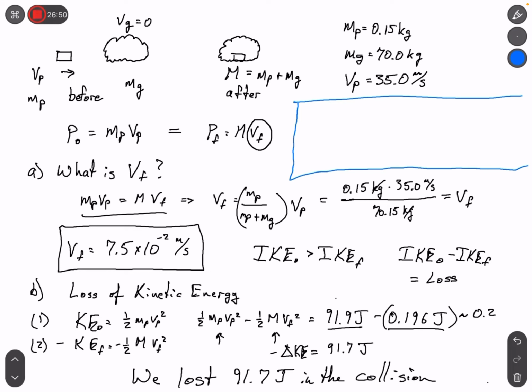That energy was absorbed by the goalie. So, it's not always fun to be the goalie because they took a little bit of a hit on that one. That's okay.